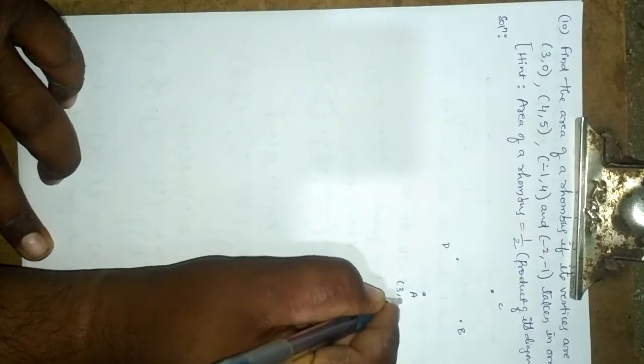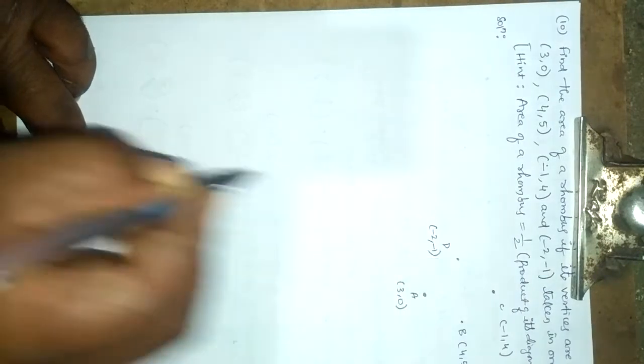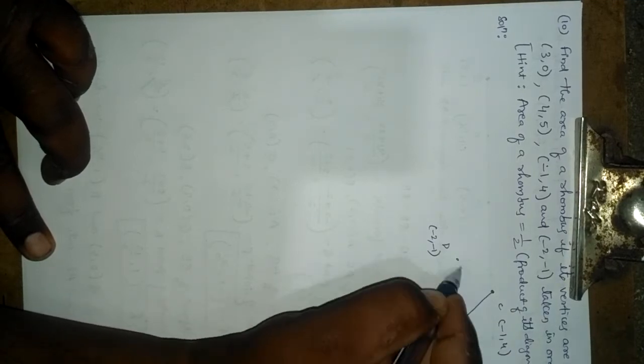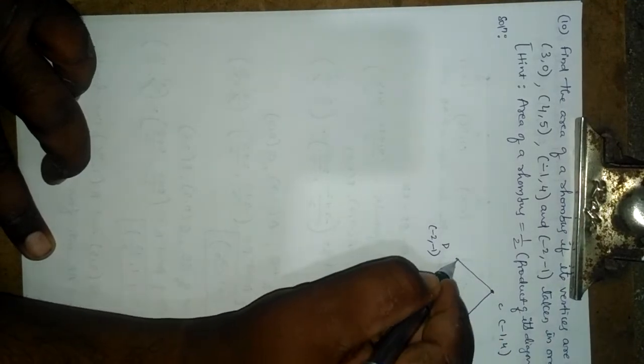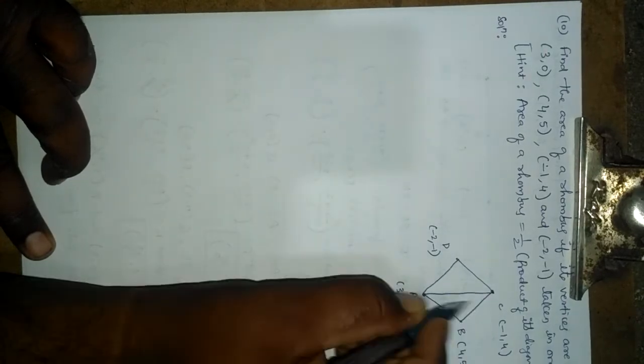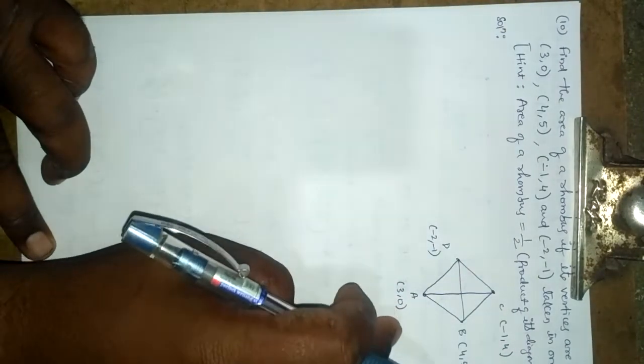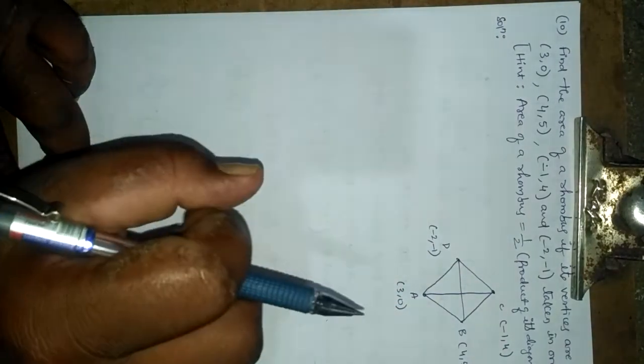This is (3, 0), this is (4, 5), this is (-1, 4) and the last one is (-2, -1). There are 4 coordinates. If I join them, it is going to form a rhombus. I don't know the length of the diagonals. Here AC is a diagonal and BD is another diagonal. So AC and BD are the diagonals of the rhombus.